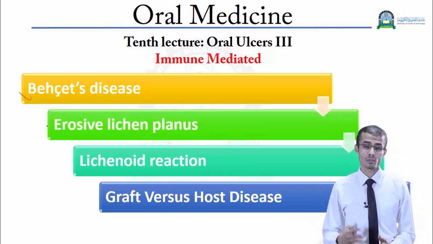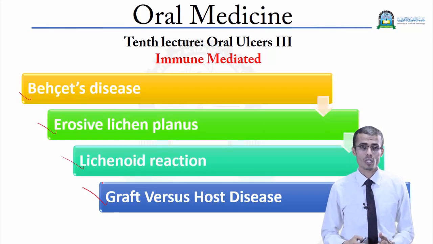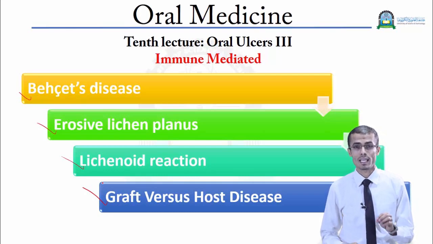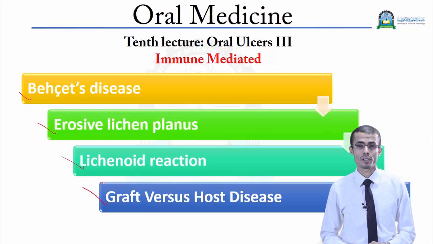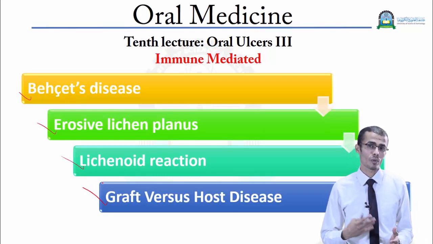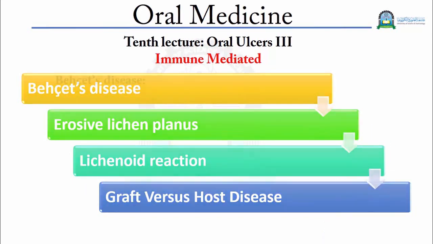Also we'll talk about oral erosive lichen planus as an ulcerative immune-mediated lesion, and also lichenoid reaction and graft-versus-host disease, all these 4 lesions as ulcerative oral lesions. Some of them may be a systemic condition with oral manifestations, and some may exist only in the oral cavity.